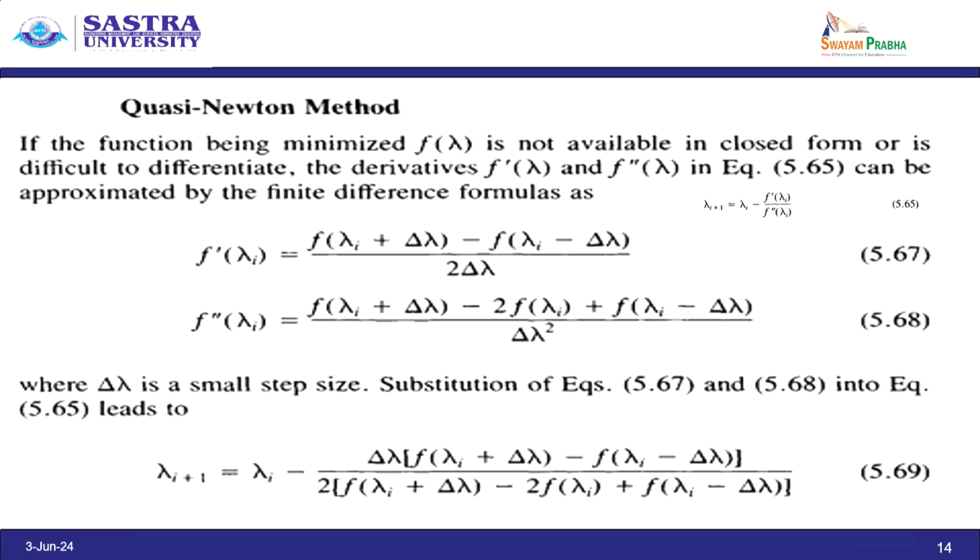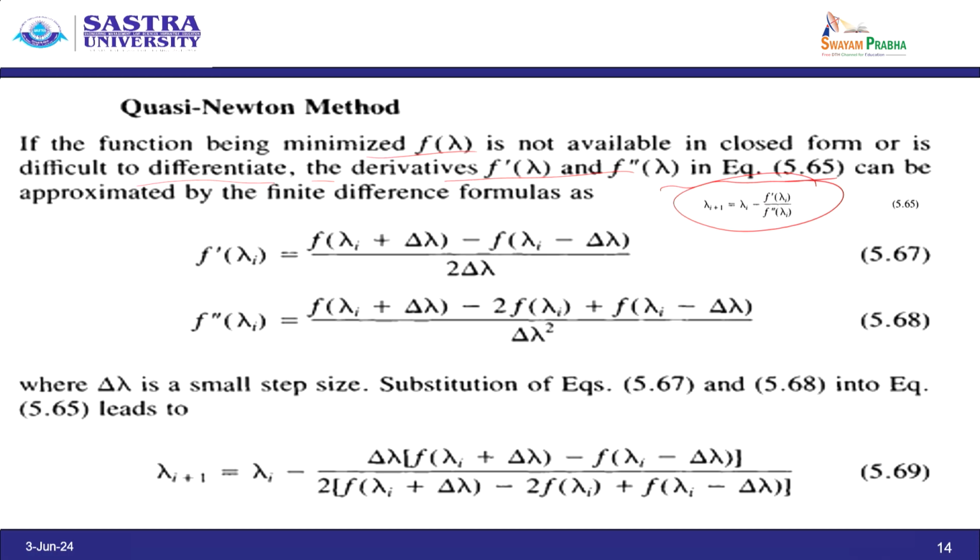Now, we have to go to the further analysis of the general format of the quasi-Newton method. If the function being minimized, f of lambda, is not available in closed form or is difficult to differentiate, the derivative f dash of lambda and f double dash of lambda in equation 5.65 can be approximated by finite difference formula.